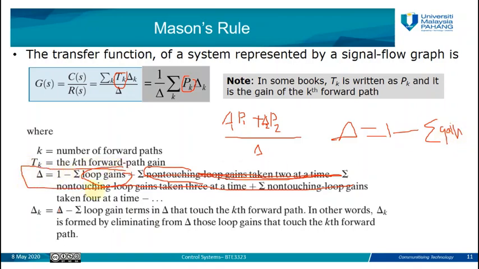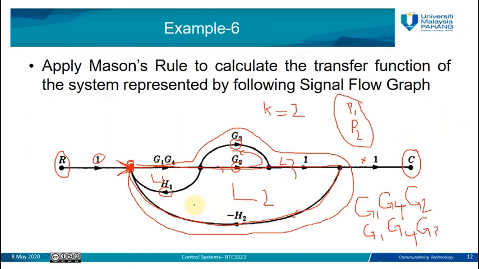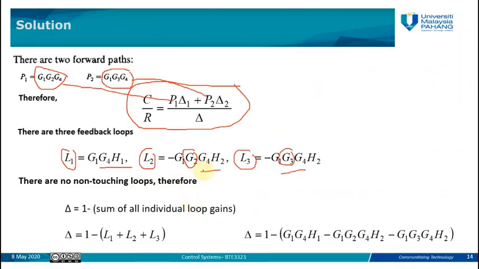If we refer to the solution of the example, delta equals 1 minus the summation of individual loop gains only. There is no non-touching loop. Then you substitute the values of L1, L2, L3 by their gains, which are G1, G4, H1, negative G1, G2, H2, and so on.